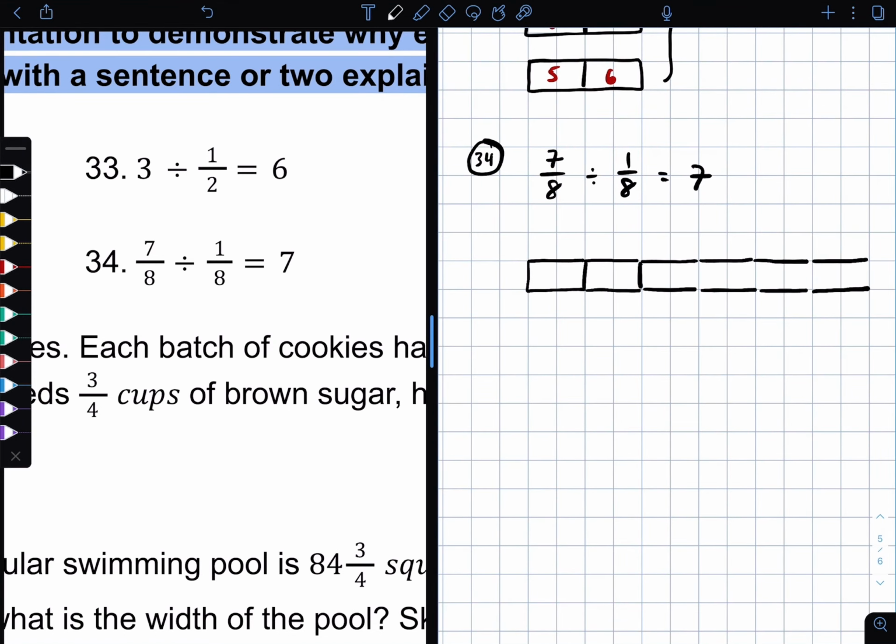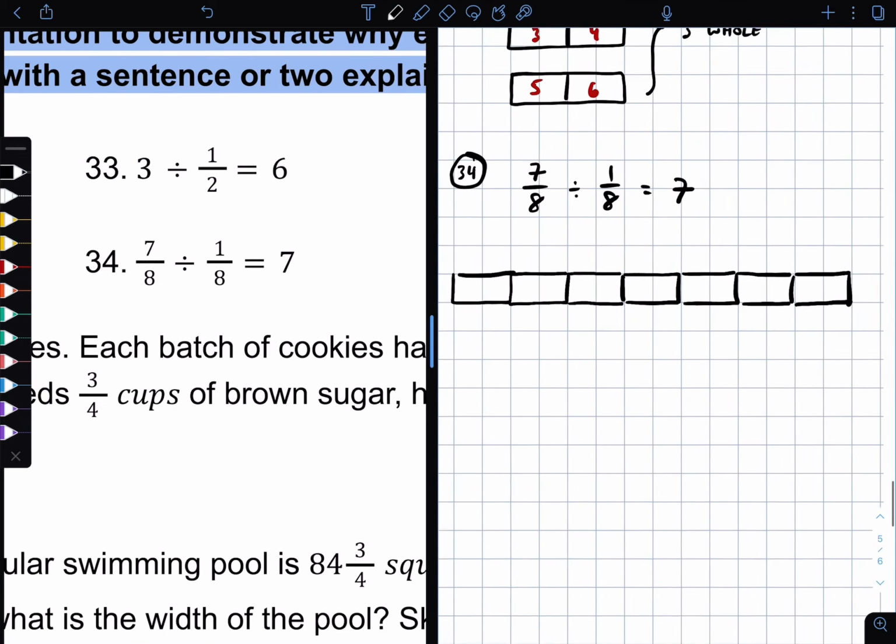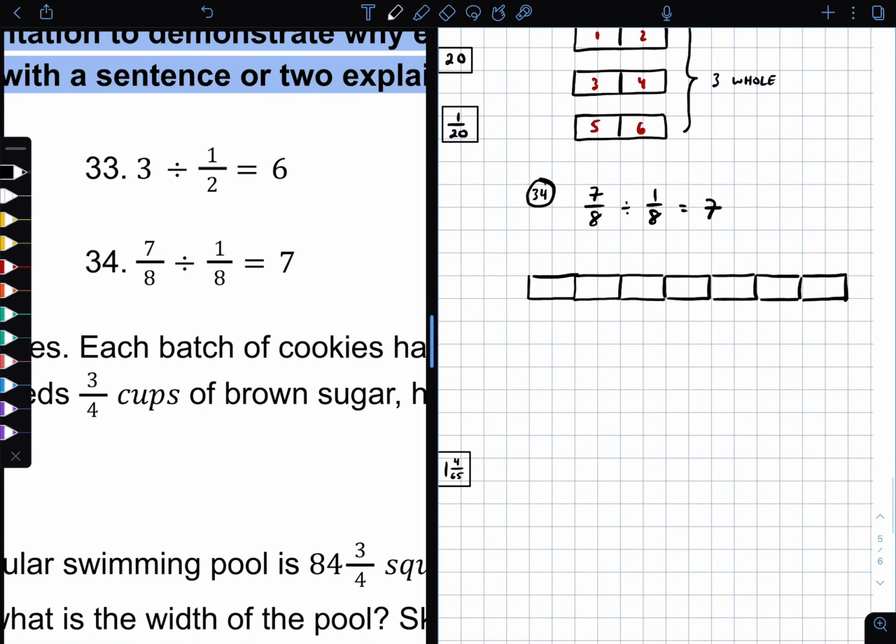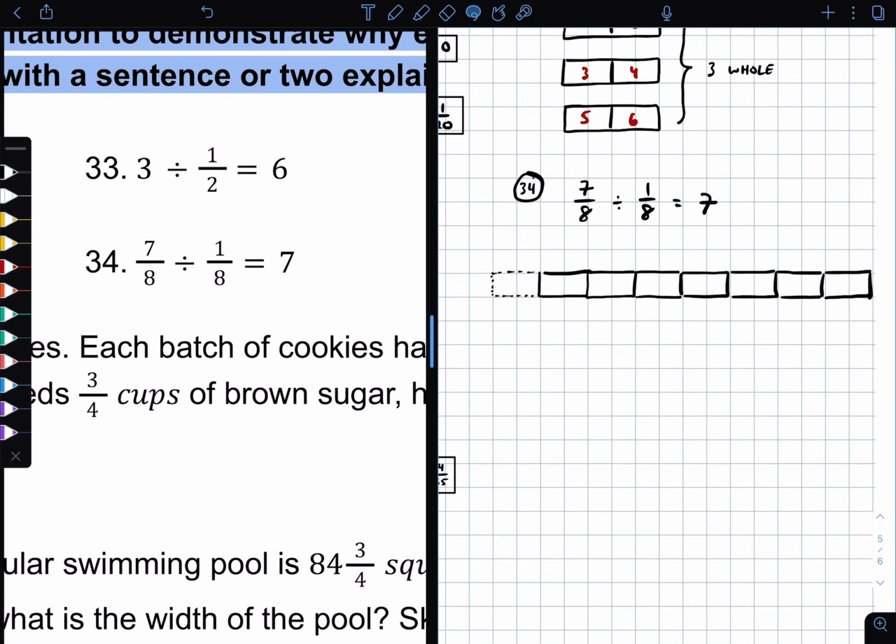So 1, 2, 3, 4, 5, 6. We'll do 7/8. And I guess this is the 8/8 that's missing, right? The question is talking about 7/8, so we don't need the whole thing here. So this right here is going to be 7/8, this whole thing.